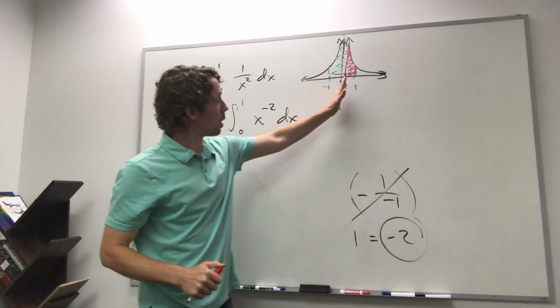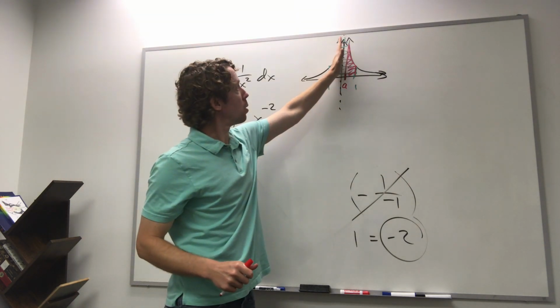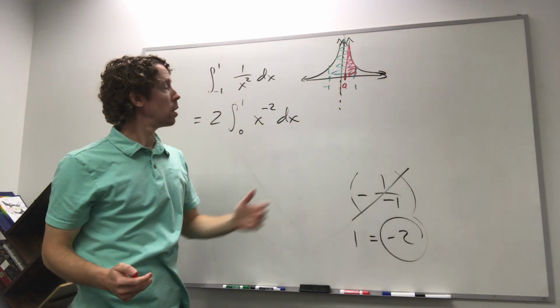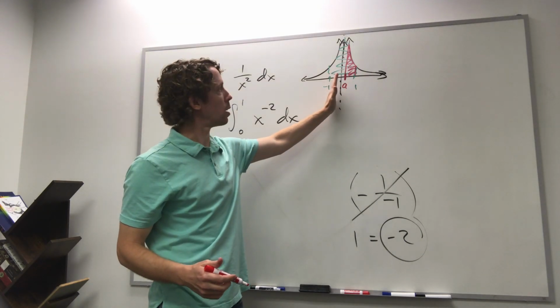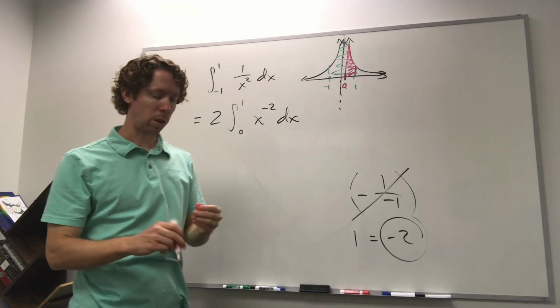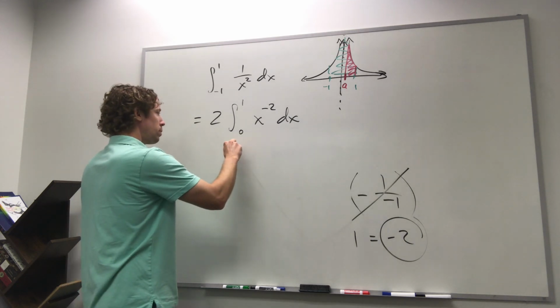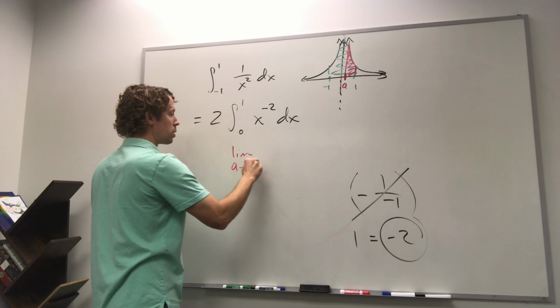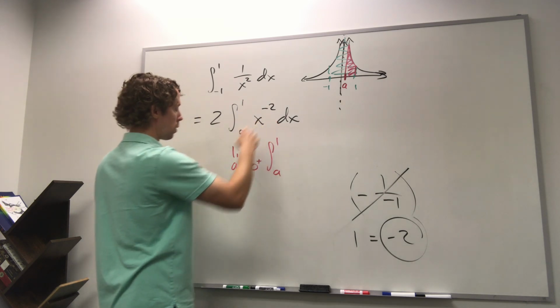And then if I let that a start scooting towards 0, then I'll get better and better approximations of what my area actually should be. And if I take the limit as a goes to 0 from the right, I'll get the exact value that I want. So that's what I'm going to do. I'm going to take the limit as a goes to 0 from the right of the integral from a to 1 of that function.